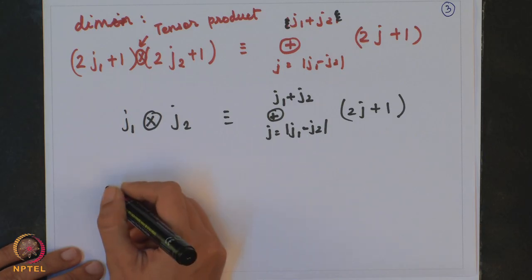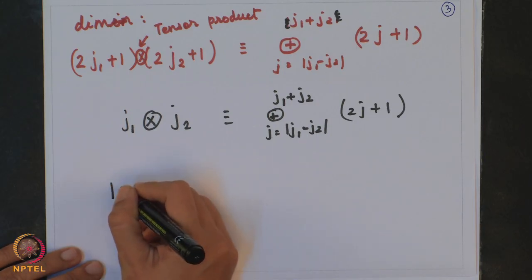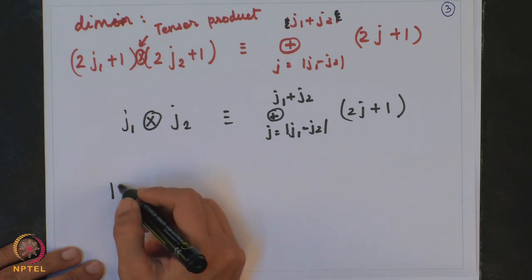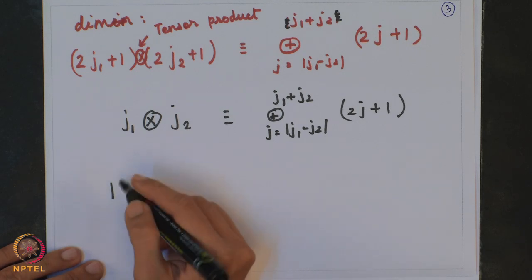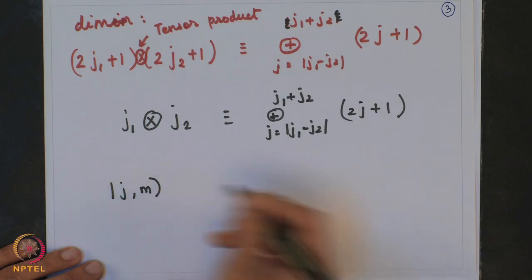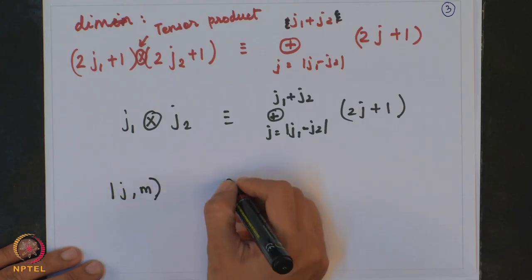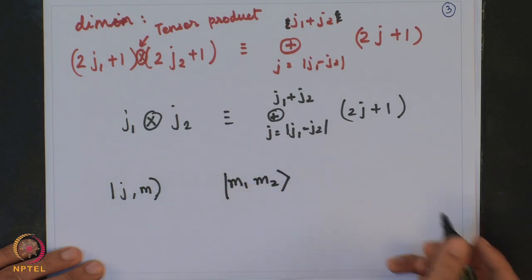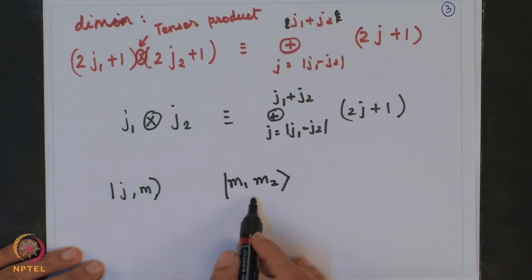Before we go to that table, let me tell you that in the states J1 and J2 are suppressed, and we write it as J comma M for the coupled state and M1 M2 for the uncoupled state. This is how these states are represented.